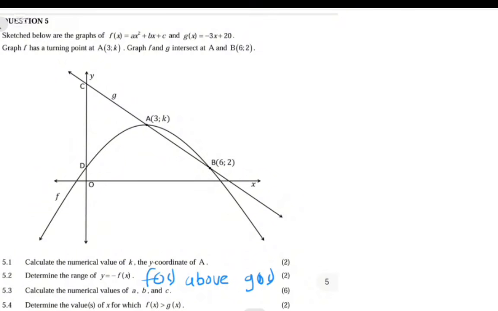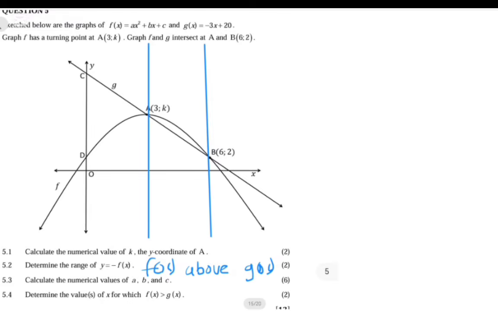It is very, very easy. What you need to do is draw vertical lines at the points of intersection where they are intersecting, something like this here. If you draw the vertical lines where they intersect, now you can interpret this graph very well. When we check here, this one is at x equals 3, and this one is 6.